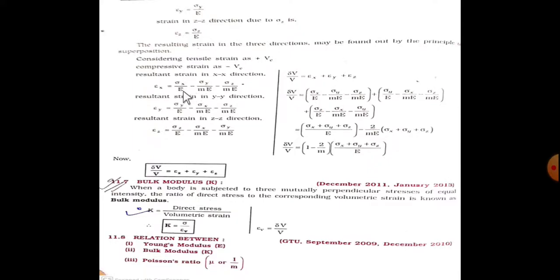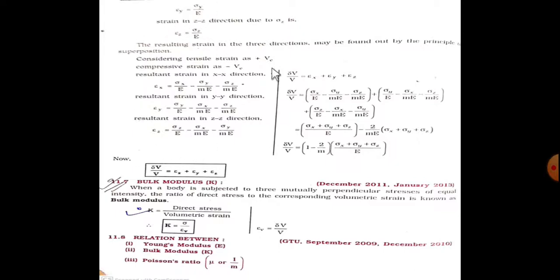So strain x is sigma x upon E minus sigma y upon mE minus sigma z upon mE. In the same way, strain y is sigma y upon E minus sigma x upon mE minus sigma z upon mE. In the z direction, strain z is sigma z upon E minus sigma x upon mE minus sigma y upon mE. So these three basic equations are very useful for us.